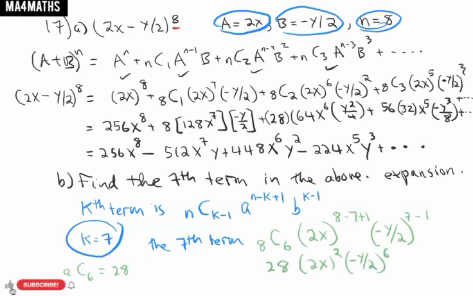And so 2 squared is 4. So it's 28 times 4 over 2 to the 6th, which is 64, and this would be x squared, y to the 6th. So I just need to simplify this. What would this simplify to, anyone?